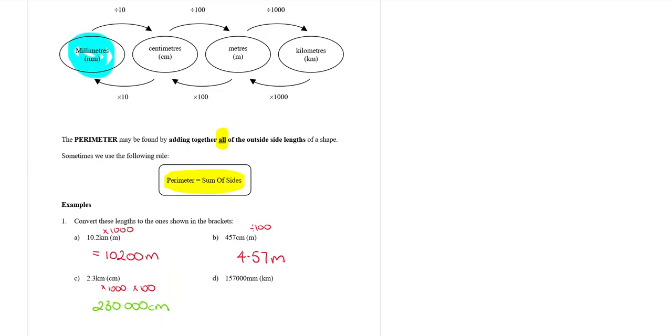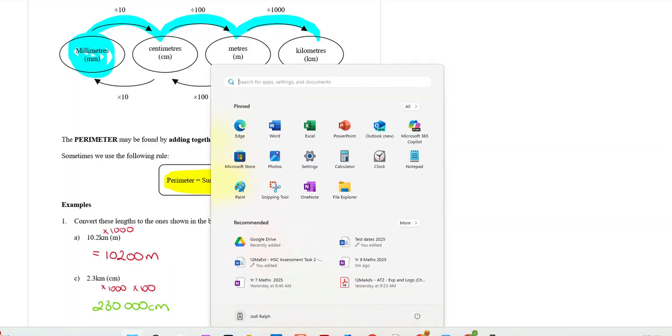Part D, we have 157,000 millimetres, and we want to go to kilometres. So we have to do that jump, and that jump to get all the way up to kilometres. So 3 things: divide 10, divide 100, then divide 1,000. So that might be a good one to put in our calculator.